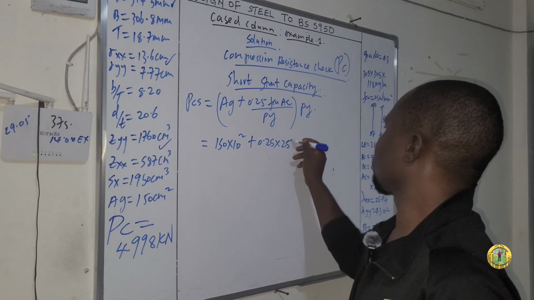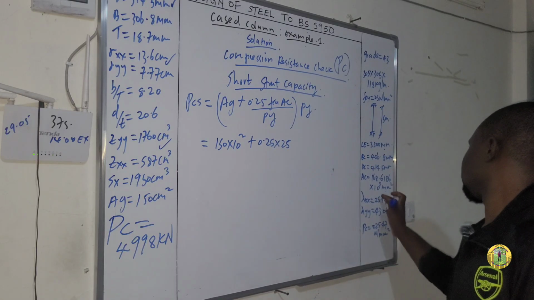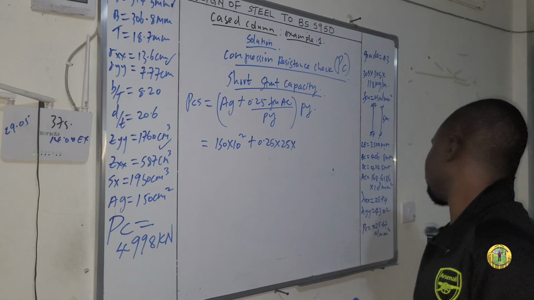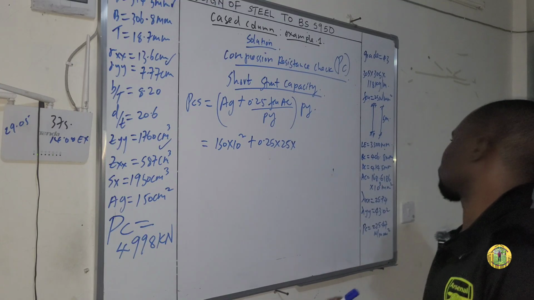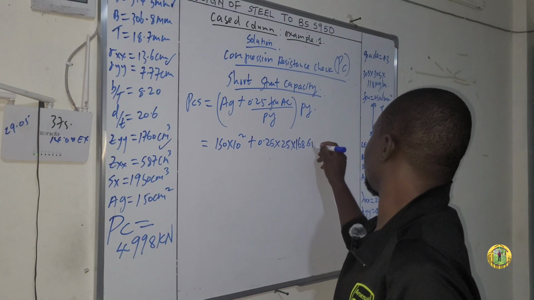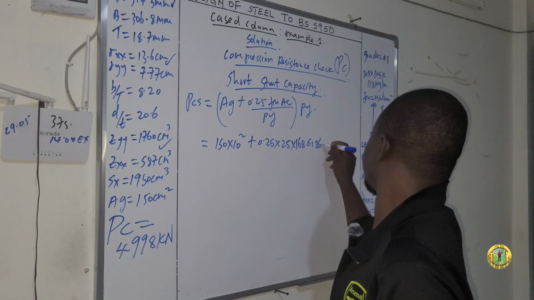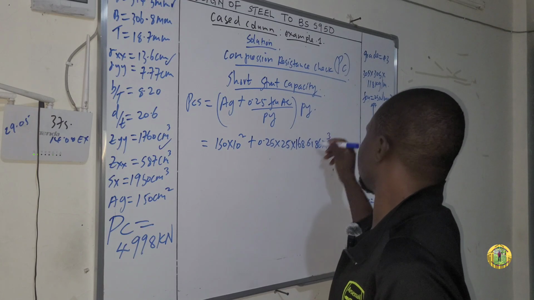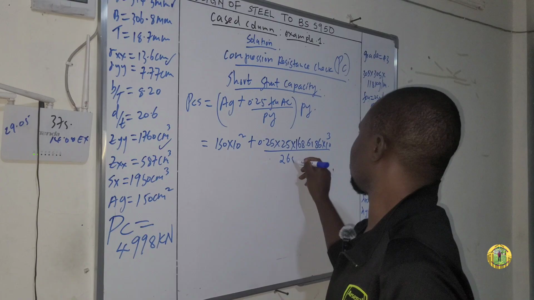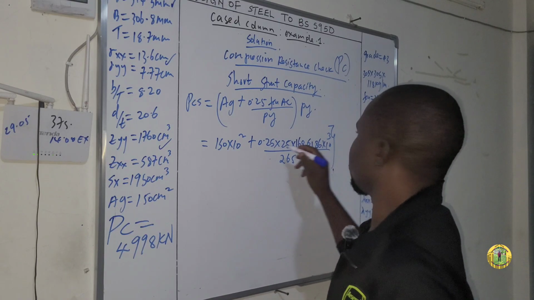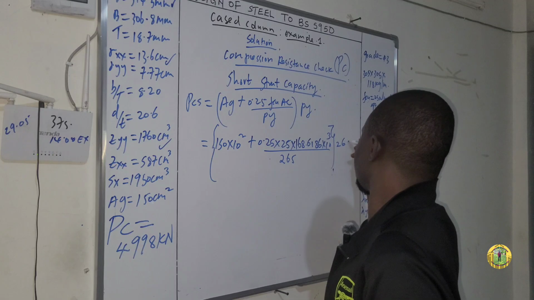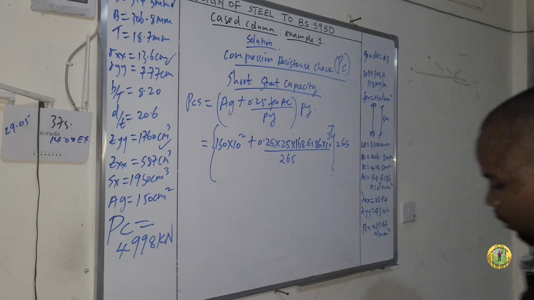FCU is 25, times the gross area, which is 168.6186 times 10 to power of 3. Then our PY, which is 265. Then we'll multiply everything by PY, which is 265.